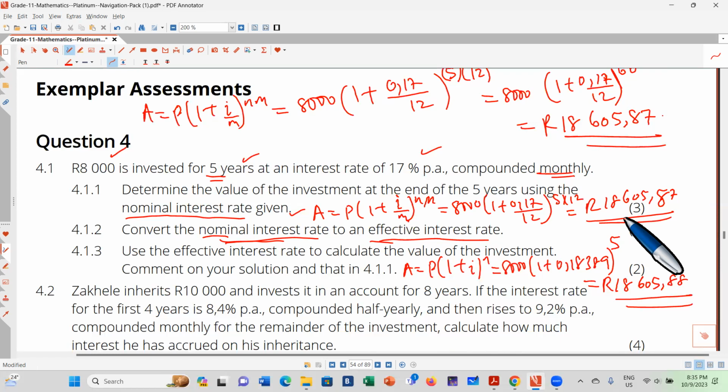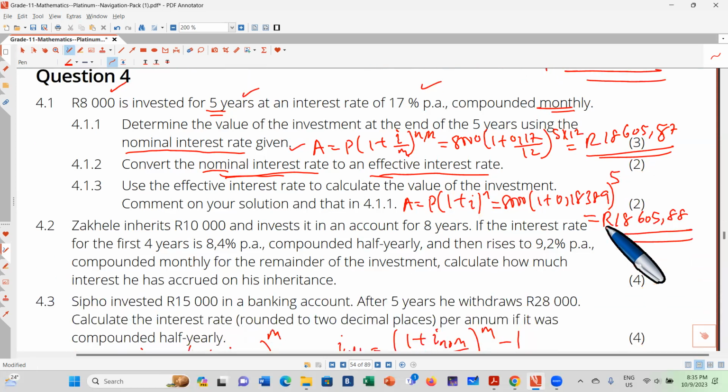Next question. 4.2. Let's speak about Zakele. Zakele inherits 10,000 and invests it in an account for 8 years.